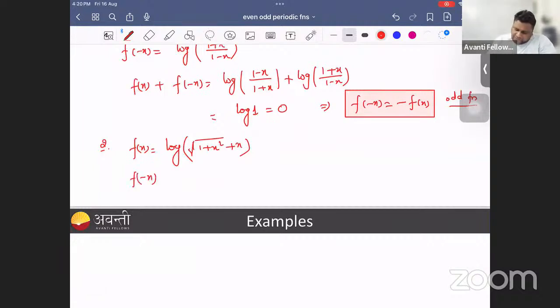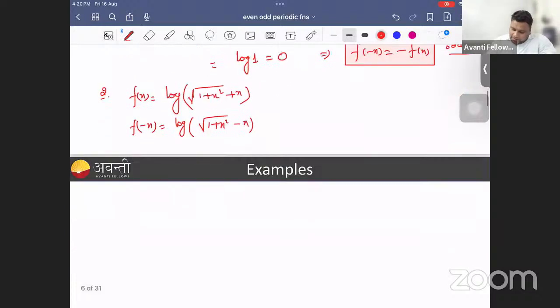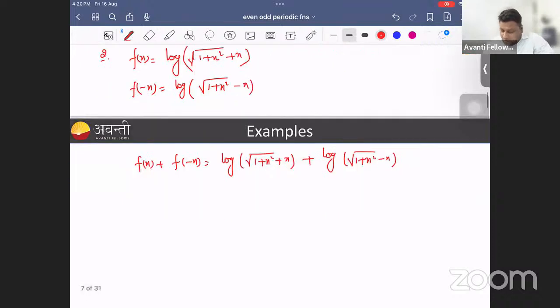If I check f of minus x, it will be log of under root of 1 plus x square minus x. Again, you add both of them. So f of x plus f of minus x is log of root of 1 plus x square plus x plus log of root of 1 plus x square minus x. Now log a plus log b is log a into b. So it will become under root of 1 plus x square whole square minus x square.